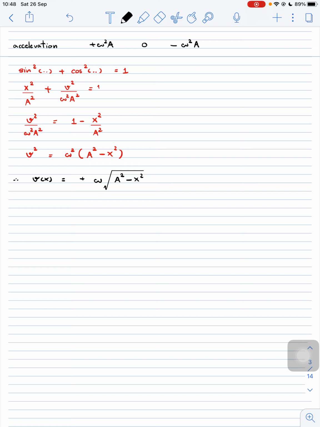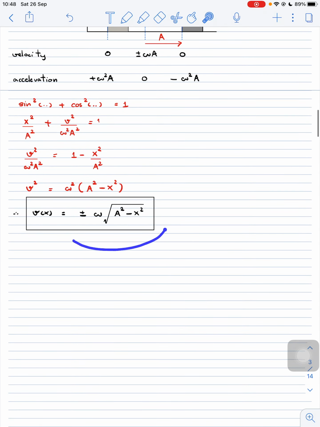Let me put the plus and minus sign here. Again, plus and minus just represents the direction of the motion of the object. So this equation is the link between the velocity and the position.